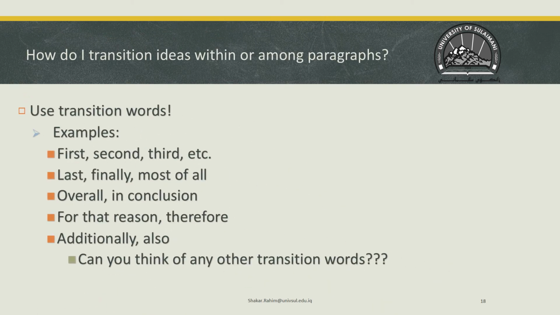How do I use transitions or transition ideas within or among paragraphs? Guys, it's very easy. You say first, second, third, etc., last, and finally, most of all, overall. You use these words at the beginning of sentences, and it is very good.